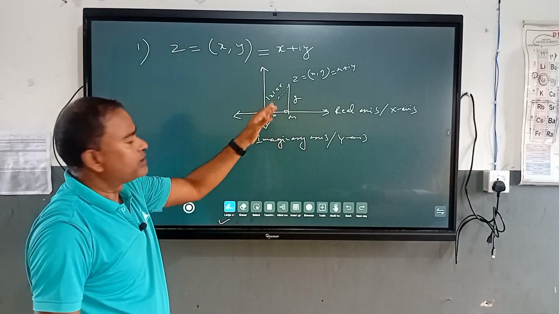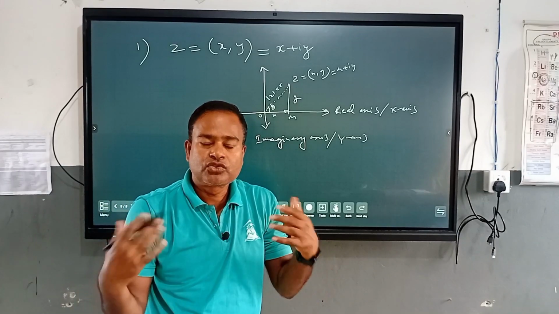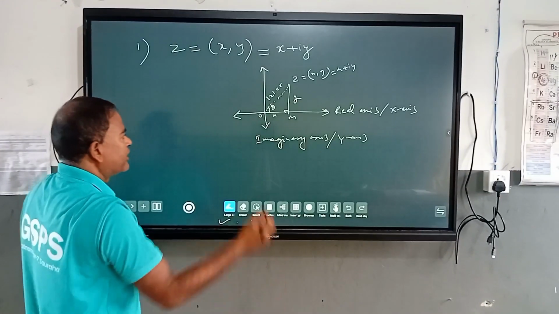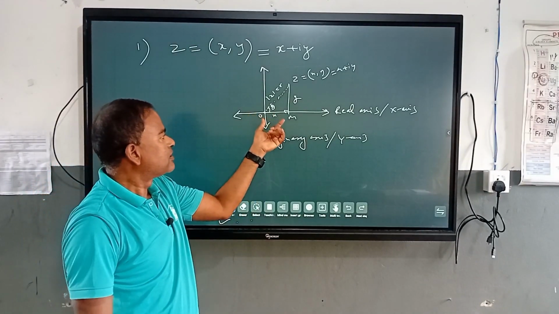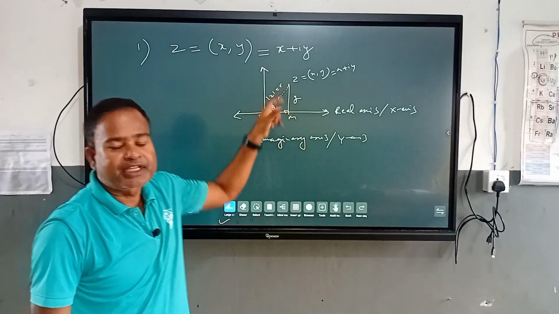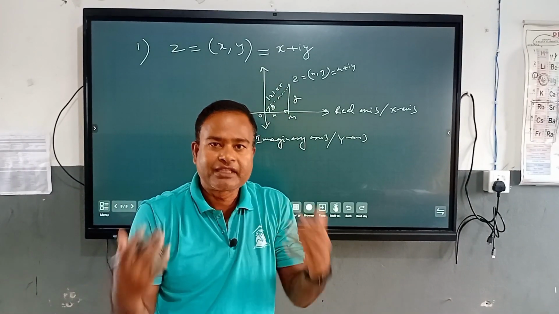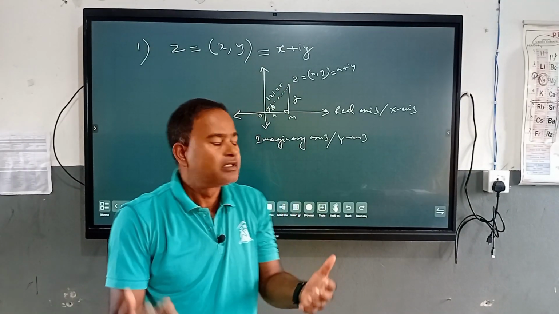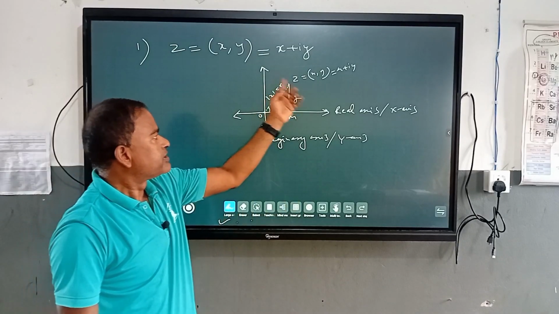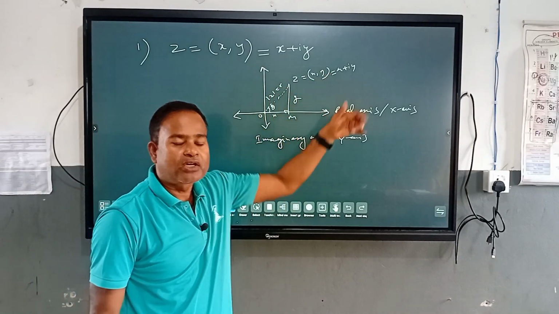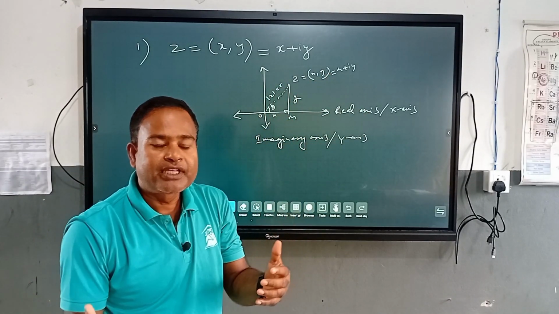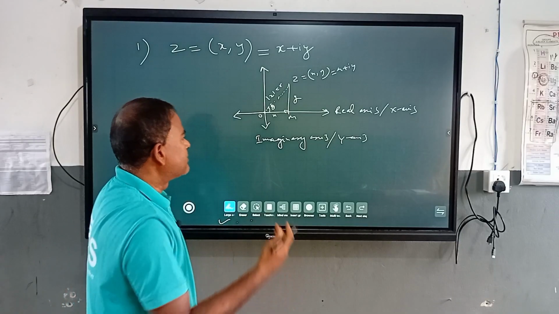So dear students, now let's apply the rule of trigonometry. So we are going to find x component and y component, that means the real part and the imaginary part of the complex number z x comma y, or we can say x plus iy, into trigonometric form.